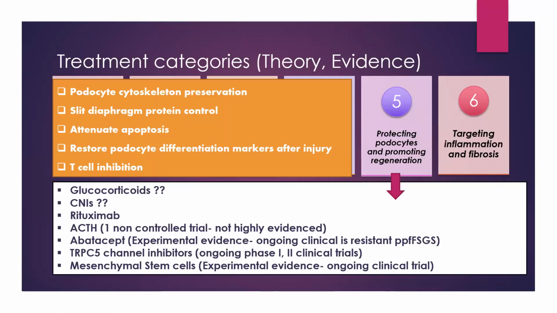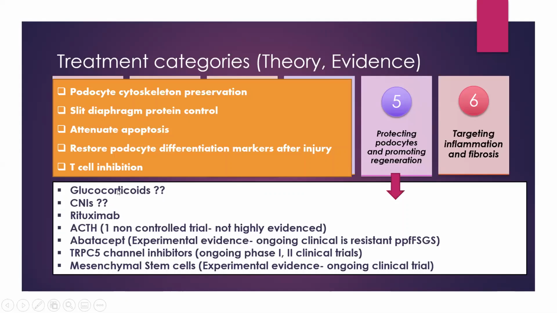You will see here that glucocorticoids and CNIs, beyond their immune suppressive action, have a direct beneficial effect on the podocytes. But this role is theoretically proven, clinically not proven, because we have patients with recurrent FSGS after transplant, and we all know that all post-transplant protocols rely on glucocorticoids and CNIs.